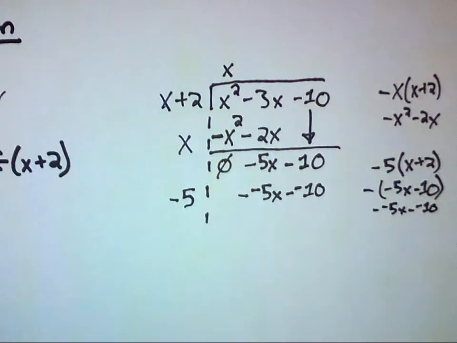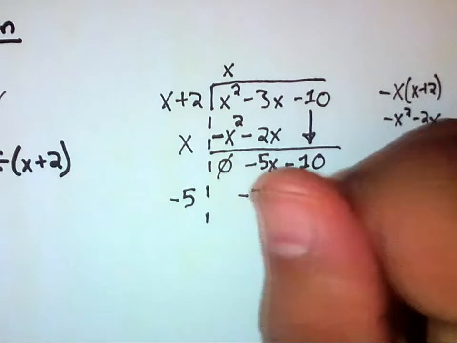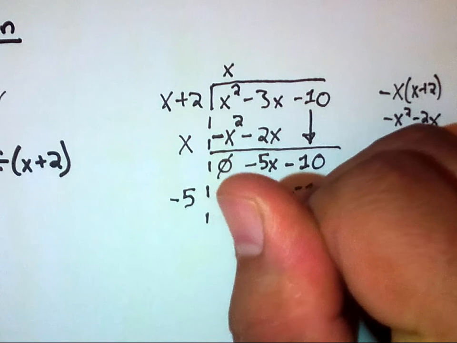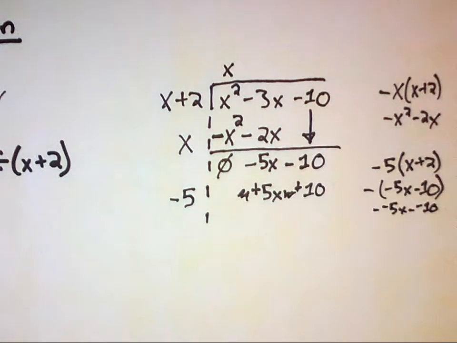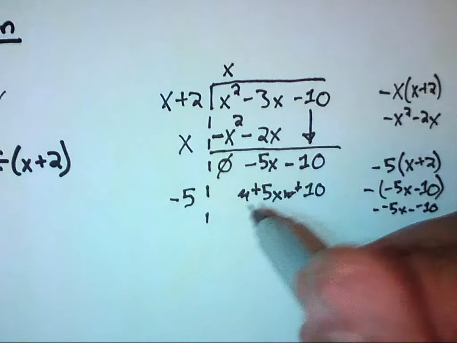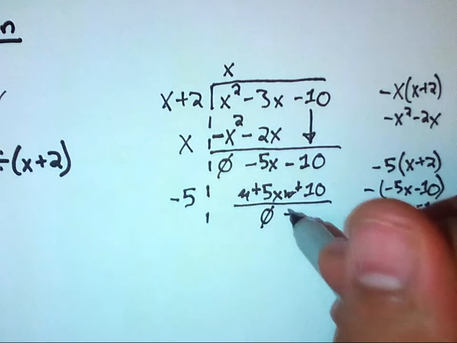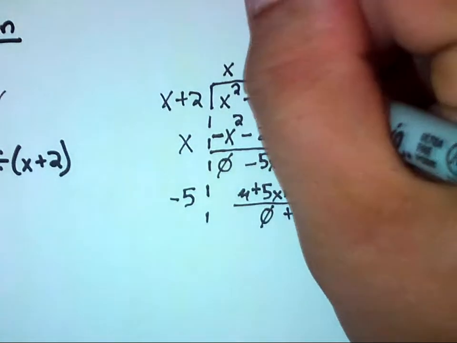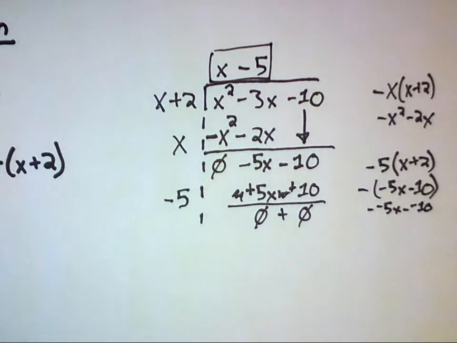And hopefully the good math people out there are realizing that it's really weird to write this as minus negative. In fact, I'm going to change it to a positive, because that's exactly what it is. So it's really plus 5x plus 10. And when we clean that up, this becomes 0 plus 0. Everything's gone. So the answer is x minus 5.